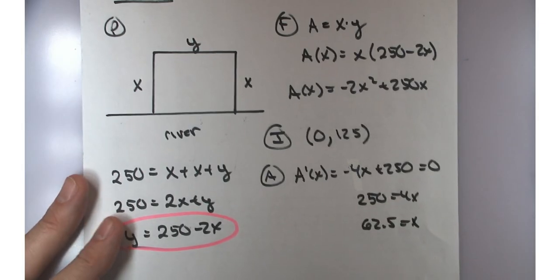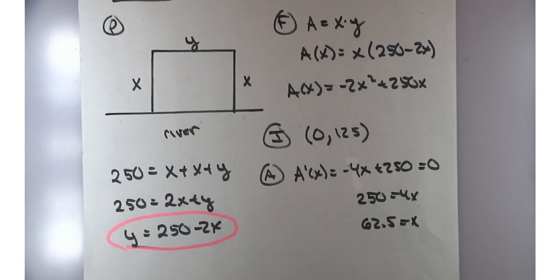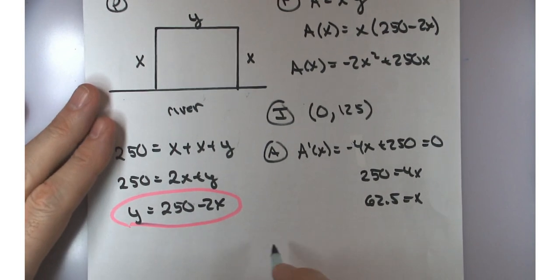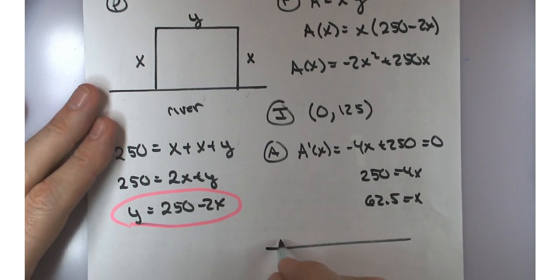And that matches very nicely with what we saw when we were looking at our diagram, right? It was very close to 62 where we were getting the maximum. All right. You can double check that with the first derivative test.